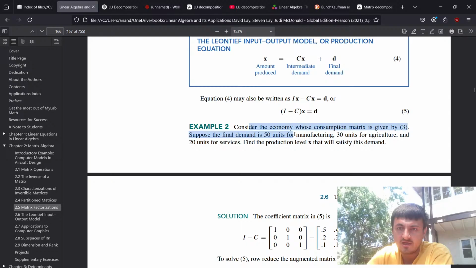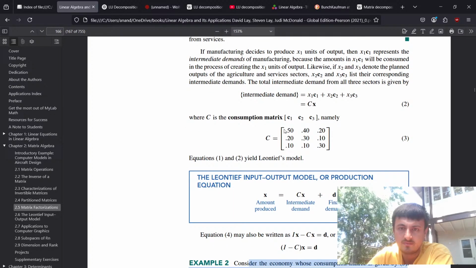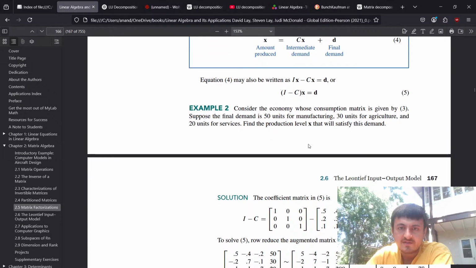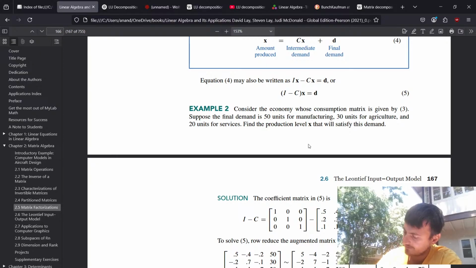So consider the economy whose consumption matrix is given by this. Suppose the final demand is 50, 30, 20. So if D equals 50, 30, 20, then we want to solve I minus C times X is equal to 50, 30, 20.